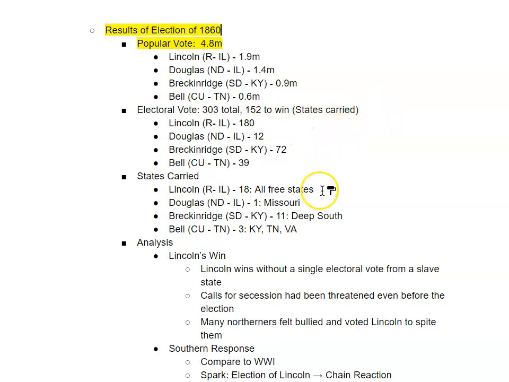He carries the North. He carries basically all of the free states and gets 180 out of 303 electoral votes. Stephen Douglas, who has a huge popular vote showing, only carries 2 states. Really, Missouri, and gets a few electoral votes elsewhere.